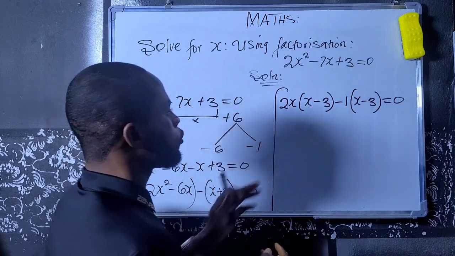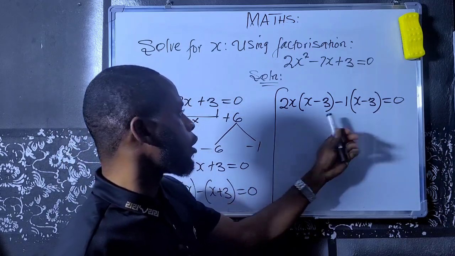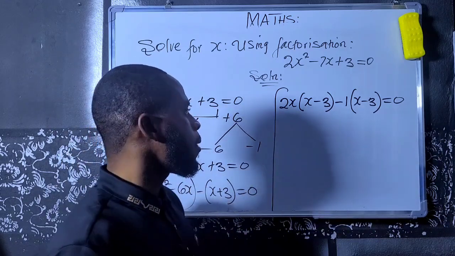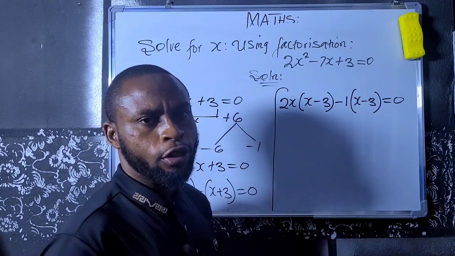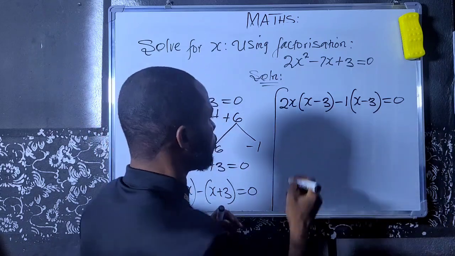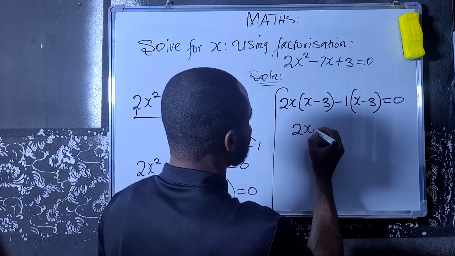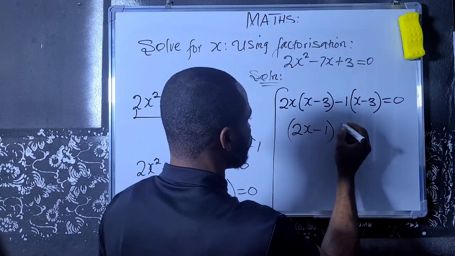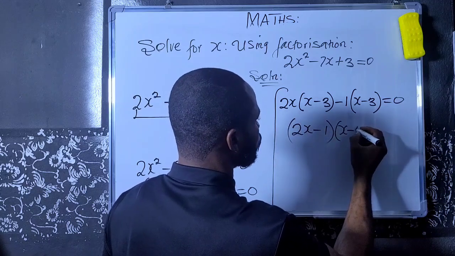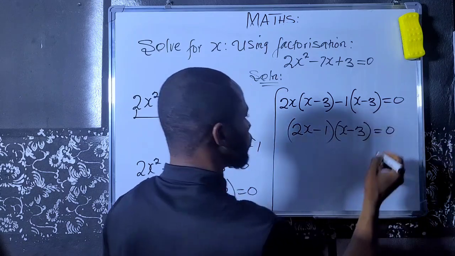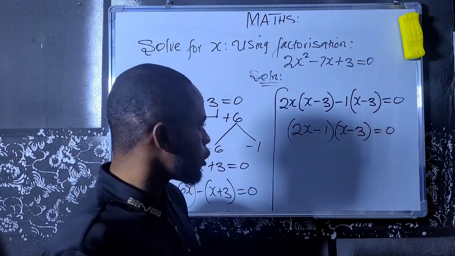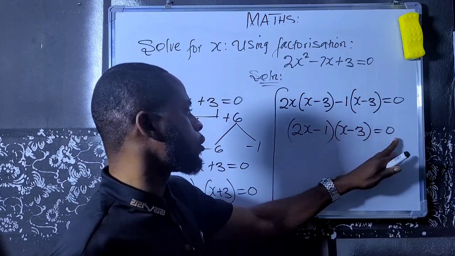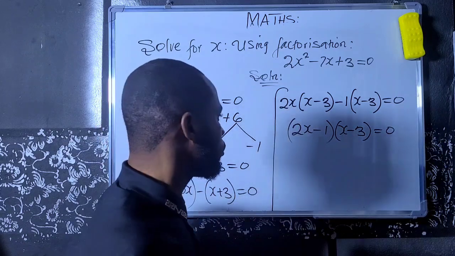Then as such, since these 2 brackets are the same, I'm going to pick out one of them and pick out the 2 external factors, and the equation becomes 2x minus 1 into x minus 3 equals 0. Then here, it is either this equals 0 or this equals 0.